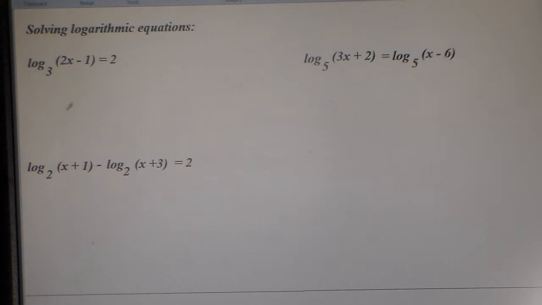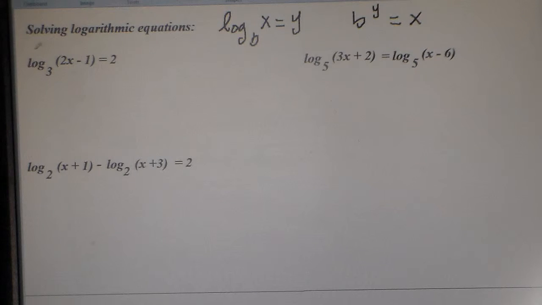If we have logarithm in base 3 of 2x minus 1 equals 2, or just in general, logarithm in base b of x equals y, we can convert this into exponential, like b to the y equals x, the argument of the logarithm.